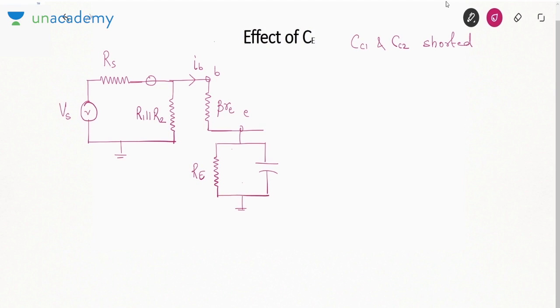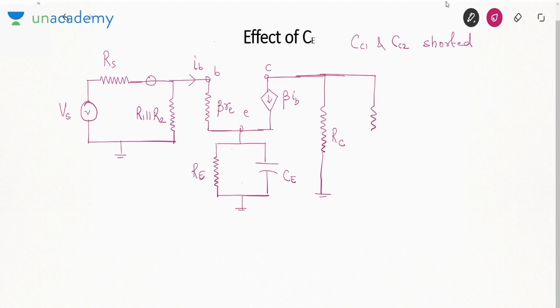Okay, since we are talking about CE, I cannot short circuit CE. Then we had a current source here, beta IB. I am not considering R0. This is your collector terminal. Between collector and ground, we have a resistance RC. Then we have CC2, but CC2 will be now short circuited.